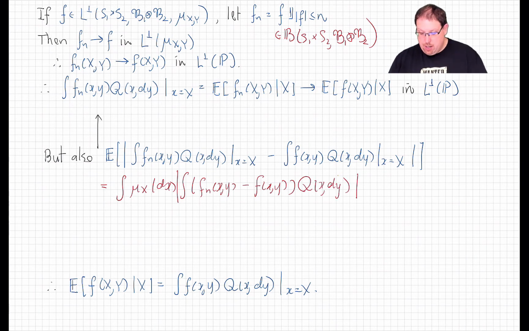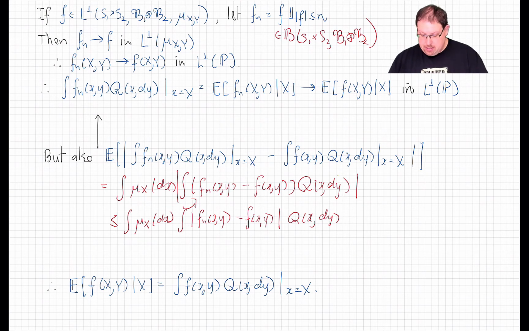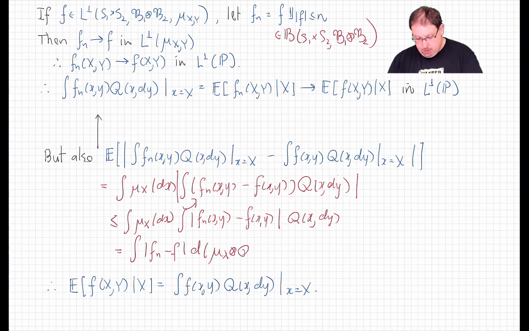Now we'll use the triangle inequality to move that absolute value inside. And now we note from our lemmas last time that that is precisely how we integrate against the product of mu x with q. So this last term is equal to the integral of fn minus f against the product measure, mu x times q.